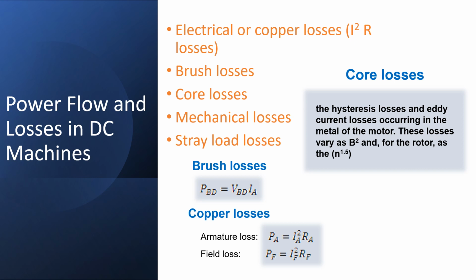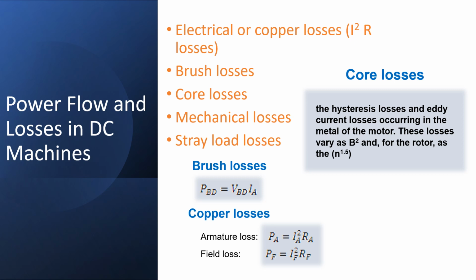Then we have the power flow and losses in the DC machines. Listed here are the power losses which can occur in a DC machine, be it a DC generator or a DC motor. Number one is the electrical or what we call the copper losses. Then we have the brush losses, the core loss, the mechanical loss, and stray load losses.